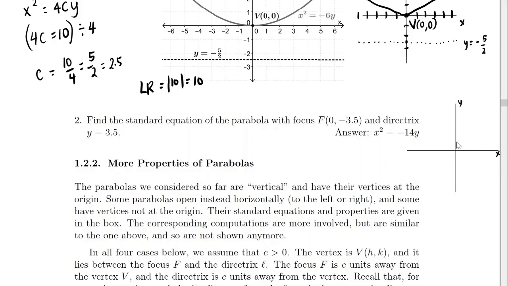Since the given focus is at (0, negative 3.5), this would be the focus. And the directrix is y equal to 3.5, at this line.